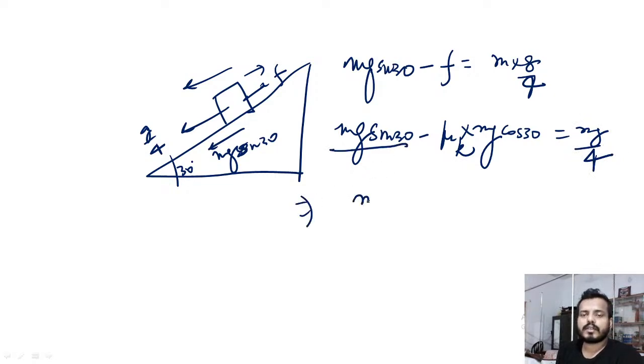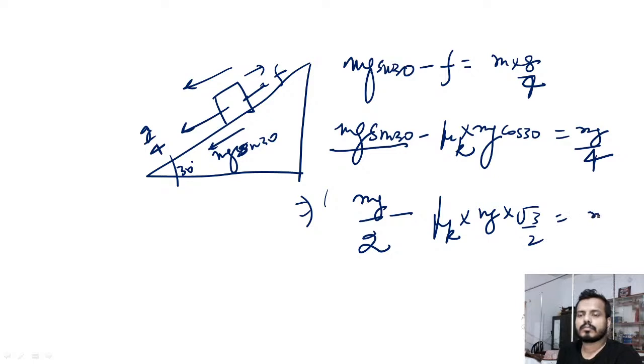Sin 30 is mg by 2, minus mu k into mg into cos 30, which is root 3 by 2, is equal to mg by 4. So mu k mg root 3 by 2 is equal to mg by 2 minus mg by 4, so mg by 4.